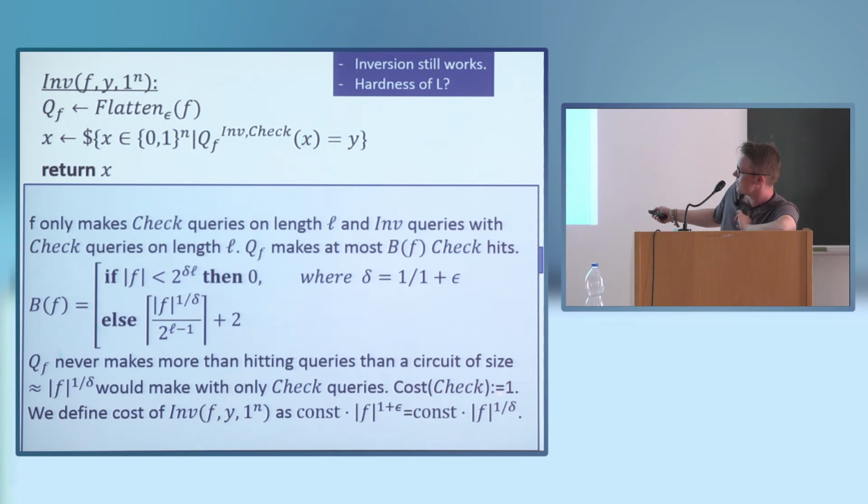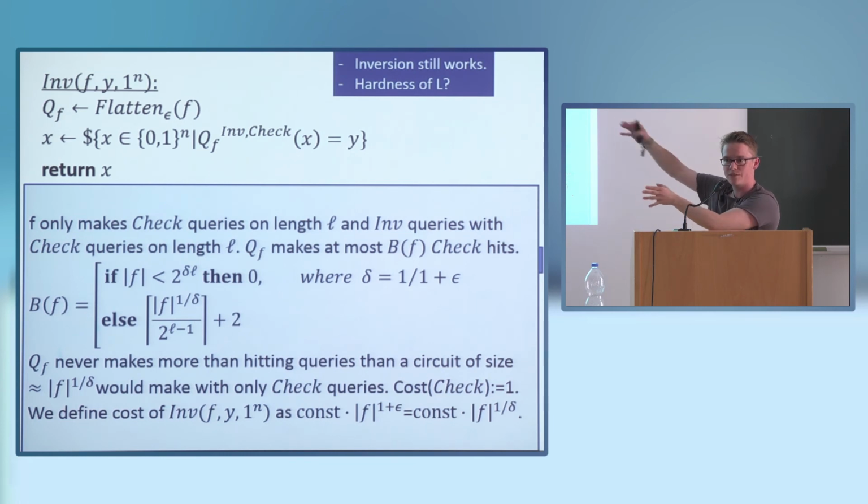The cost of a check query is 1, and now we define the cost of an inversion query appropriately, such that those two things align. So we give a couple of more hit queries here, but we also increase the cost such that the adversary pays for it, and thereby the inversion queries give you a couple of more hits, but they even out.